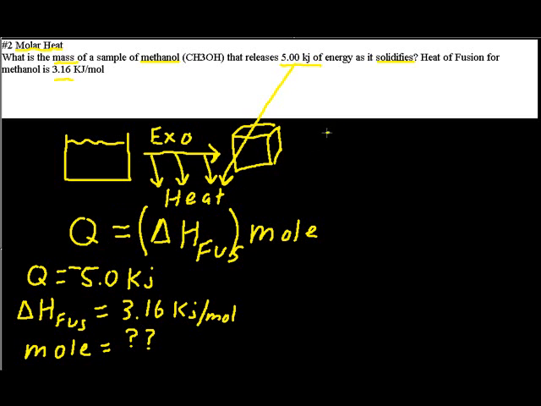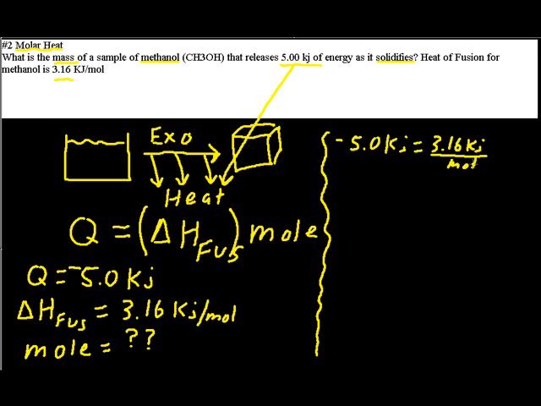So when we add the numbers into our equation, minus 5.0 kilojoules is equal to 3.16 kilojoules per mole, this is going to be X moles.